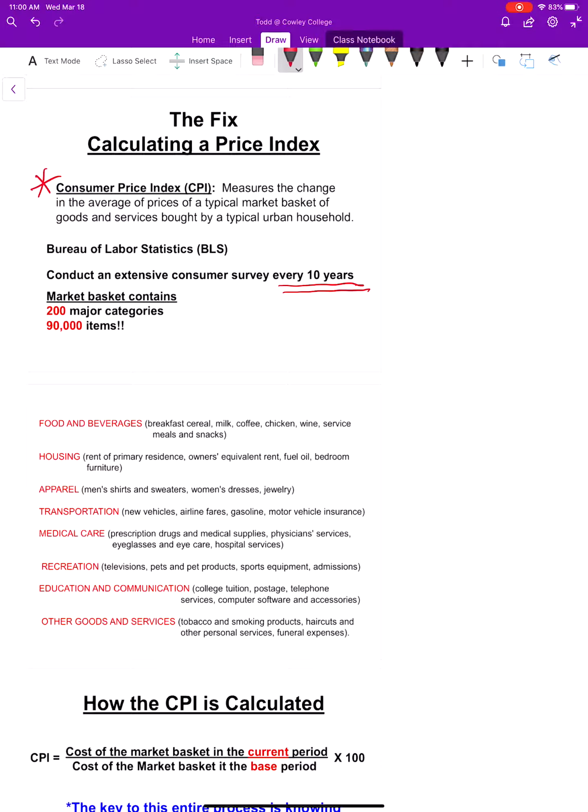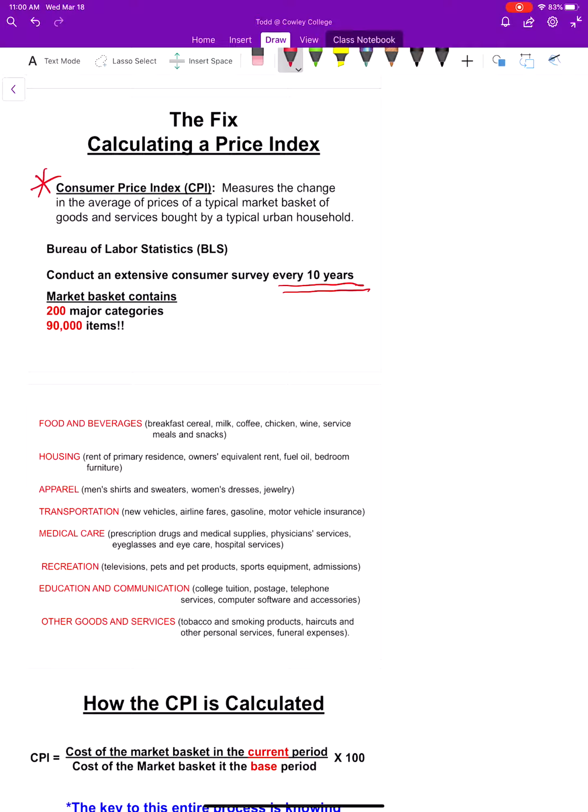They do exactly the same thing with consumption. They'll have approximately 10,000 people keep track of everything they consume for 2 weeks, in what quantities, and in what venue they consumed it, in other words, fast food, sit-down restaurant, what have you. And then they ask about the price that they paid as well.